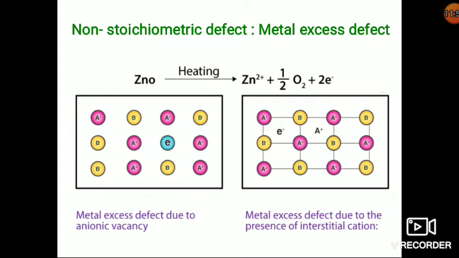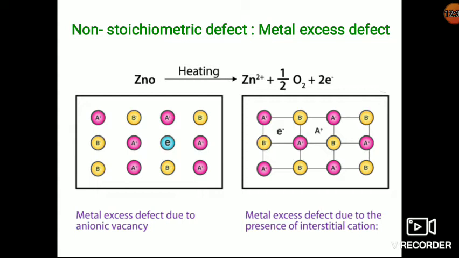Now if you heat the sodium chloride in excess sodium vapor, then the chloride present in the bulk, that means the anion chloride, will move to the surface where sodium vapors are there. It will react with the sodium over there and form neutral sodium chloride and one electron. Now this electron will diffuse back to the bulk and occupy the vacant site of the chloride.